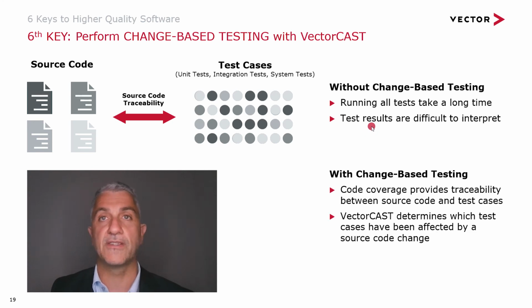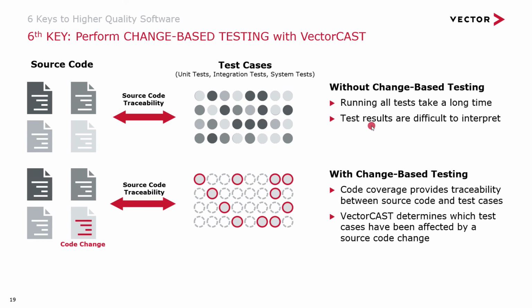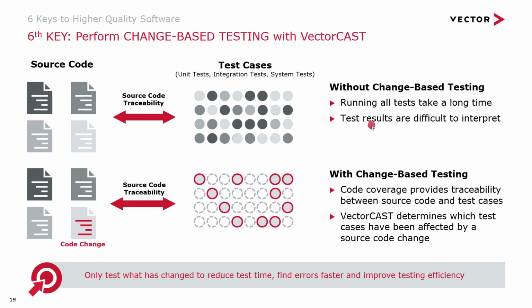The big advantage of change-based testing is that, thanks to the code coverage providing traceability between the source code and the test cases, VectorCast determines which test cases have been affected and will rerun just a very small subset of the test cases. So in a fraction of the time, it could be 1,000 times faster than a full regression test, because only the affected test cases will be rerun, in order to reduce the testing time, find errors faster, and improve testing efficiency.